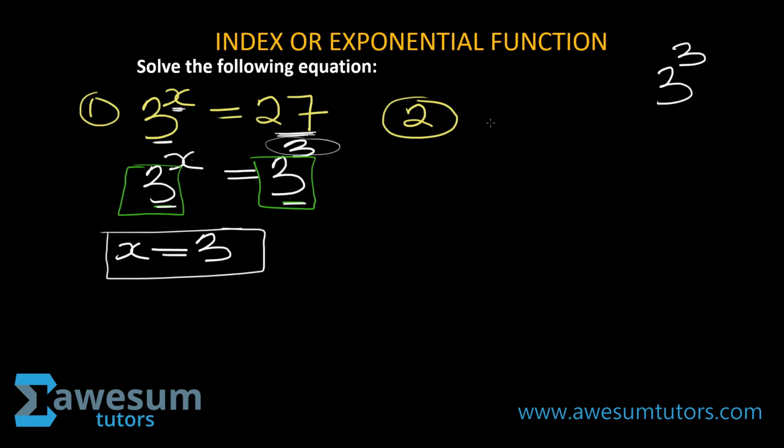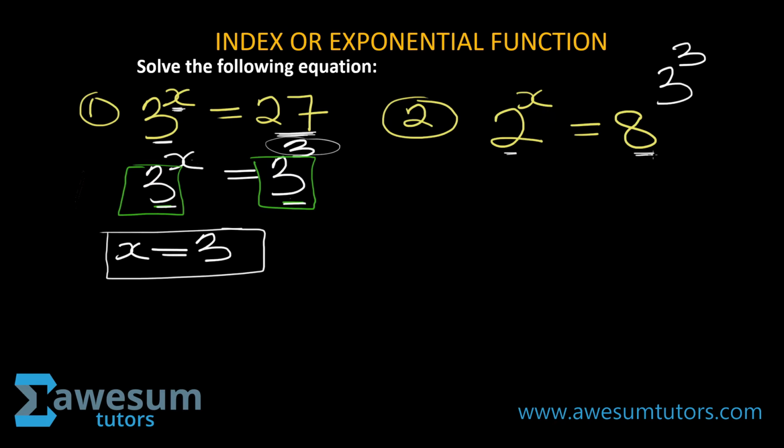Let us take a look at this. 2 raised to the power of x equals 8. You want to solve this equation, okay? Now, if you take a look at this, this is 2 raised to the power of x. This is 8.